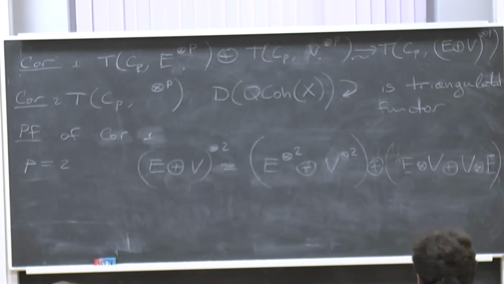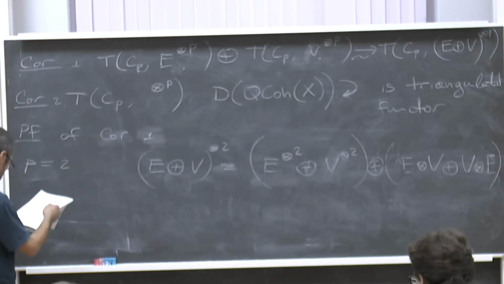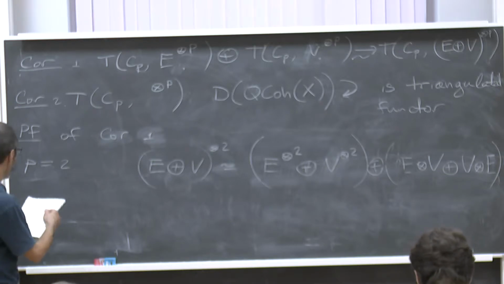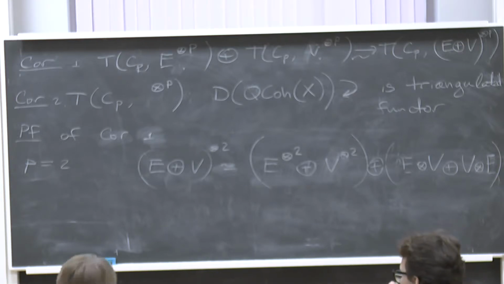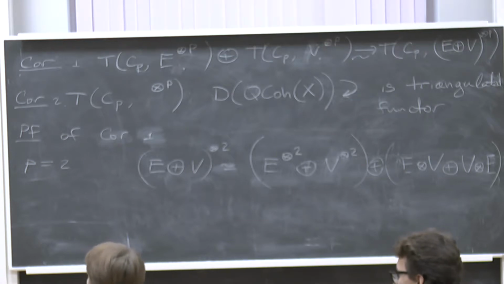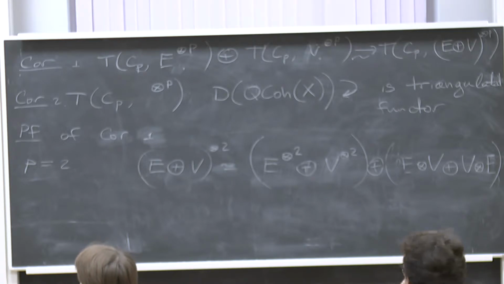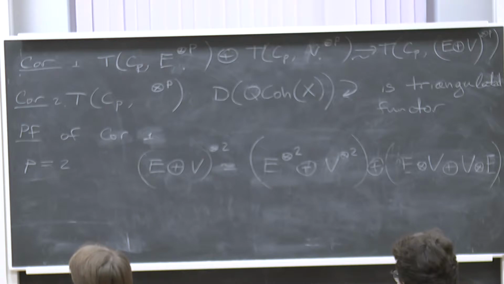How can you use it? Another way to formulate this isomorphism is to say that on this complex you have a filtration, the canonical filtration, and the associated graded with respect to this filtration is just the Frobenius twist.